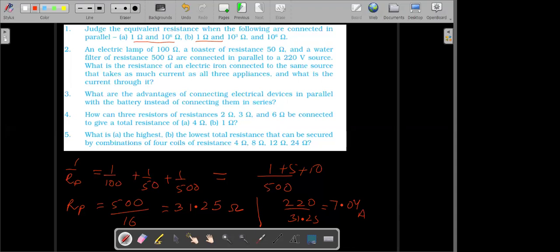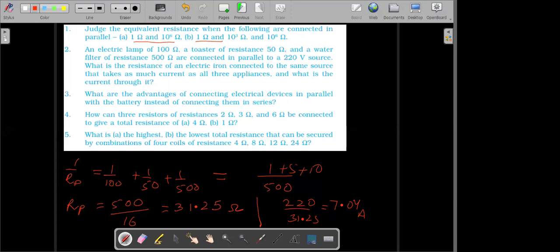Okay, now question 4. How can three resistors of resistance 2 ohm, 3 ohm and 6 ohm be connected to give a total resistance of 4 ohm? So how can you connect them to obtain a total resistance of 4 ohm? Sir, we can connect in series with the parallel combination.